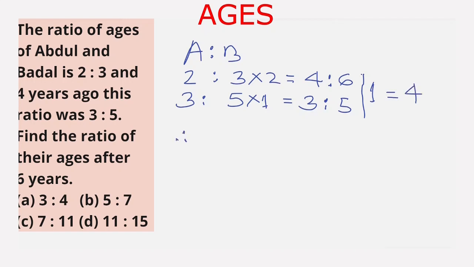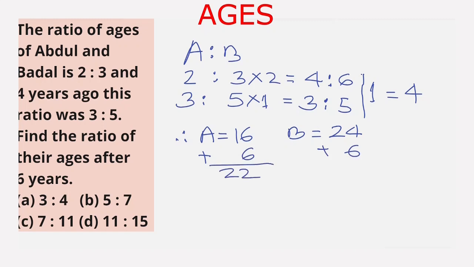Therefore, A equal to 4, as we have converted this to 4:6, so 4 equal to 16 and B equal to 6. So 6 times 4 is 24. Now after 6 years, this ratio will become 16 plus 6 is 22 and 24 plus 6 is 30.